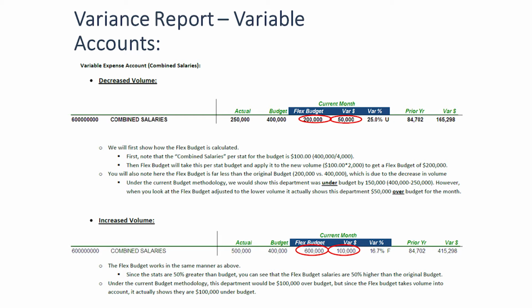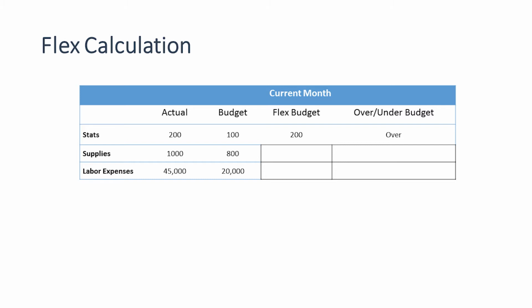And with the example of the increased volume, once you increase that volume, your salaries budget would have been $600,000, and then the actual spend was $500,000, so that would have been a positive variance based off of the volume that you had for that month. So this just details out the flex calculation as an example with the budget to flex.